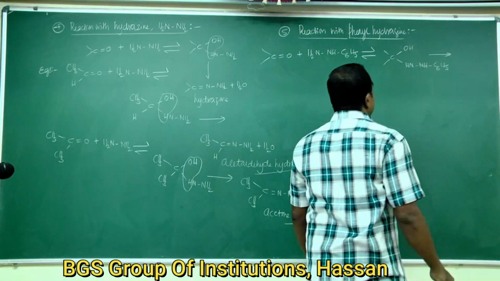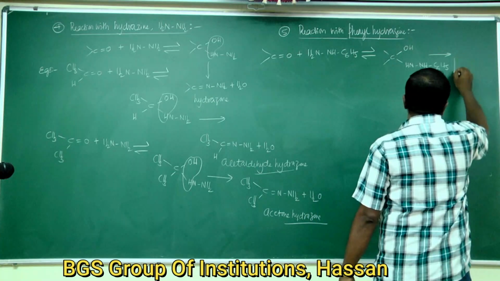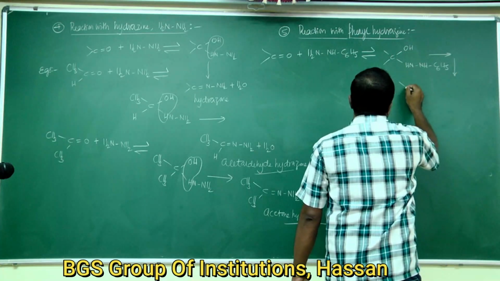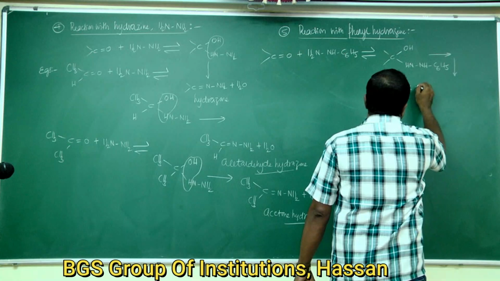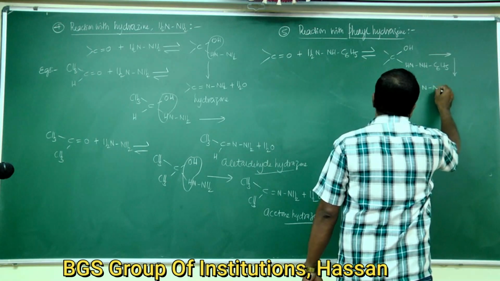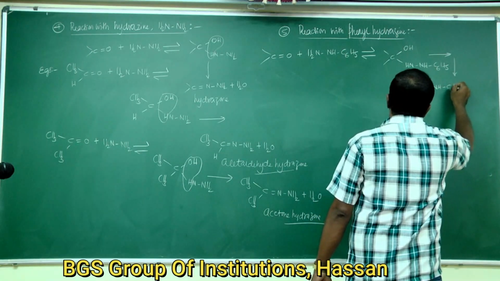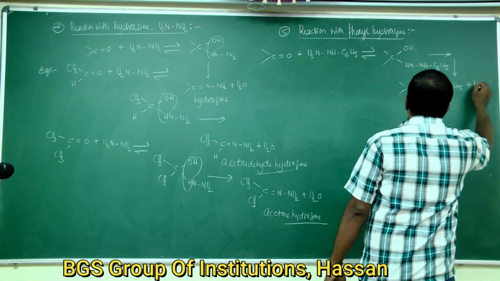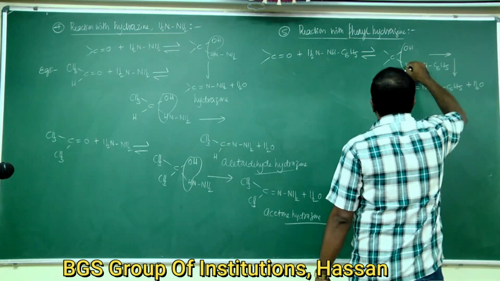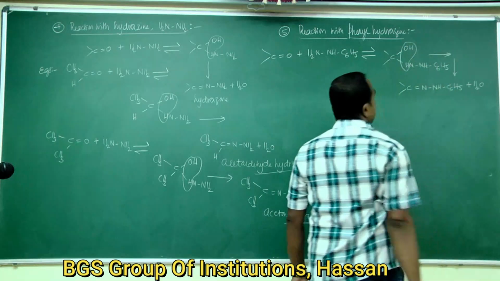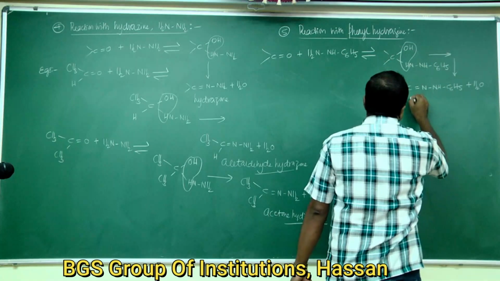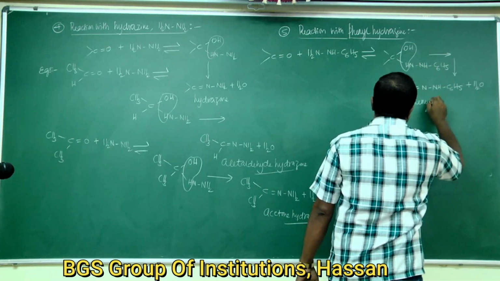This on dehydration gives the product C double bond N connected to NH connected to C6H5 plus H2O. So the water molecule is removed. This is called phenylhydrazone.